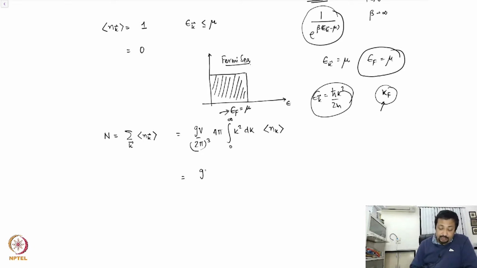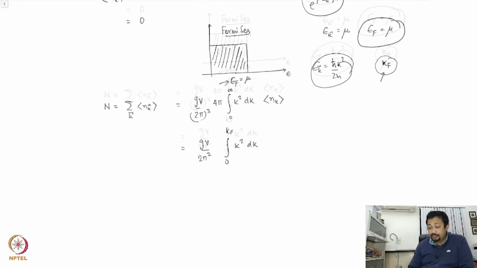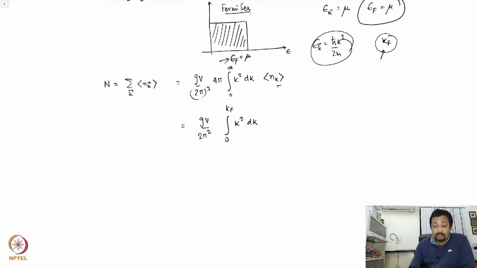So one has g V over 2 pi squared, integral from 0 to k_F of k squared dk, because beyond this value of k_F, the average occupation number is 0. So this quantity becomes g V over 2 pi squared times k_F cubed over 3.